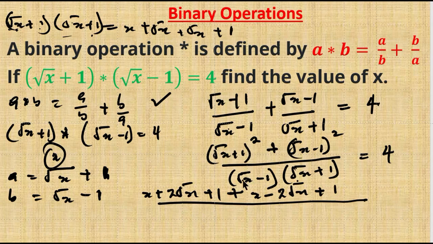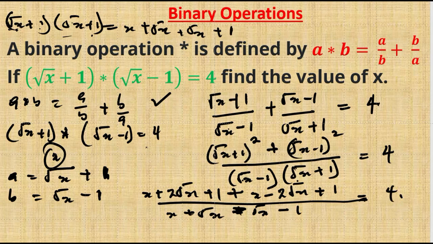Then the root of x minus 1 times the root of x plus 1, this should expand into x, that's root of x times root of x, that's x plus root of x plus, or rather minus root of x, because this is minus 1, then minus 1 equals 4.